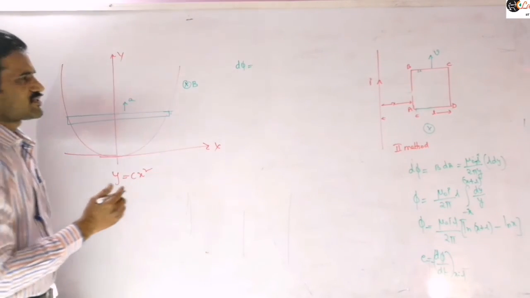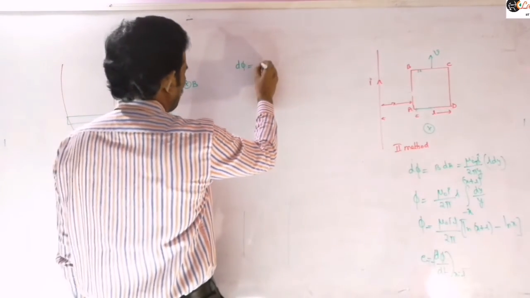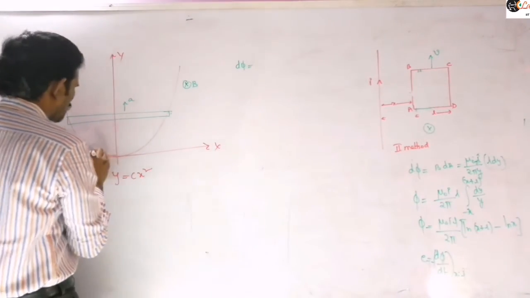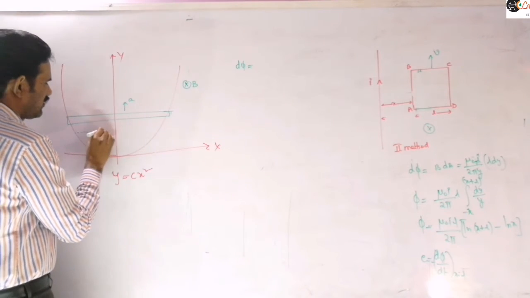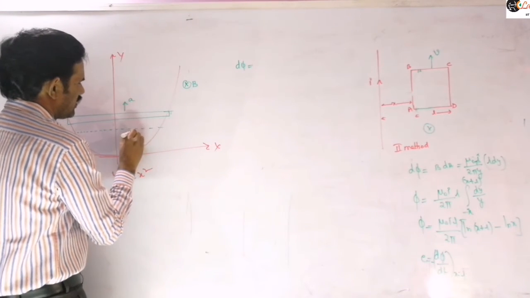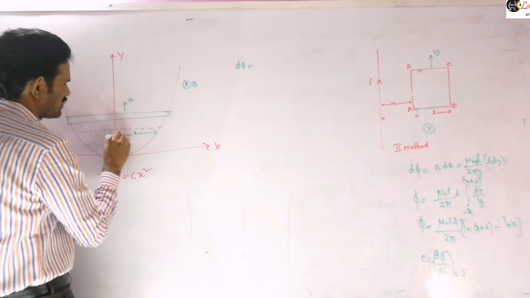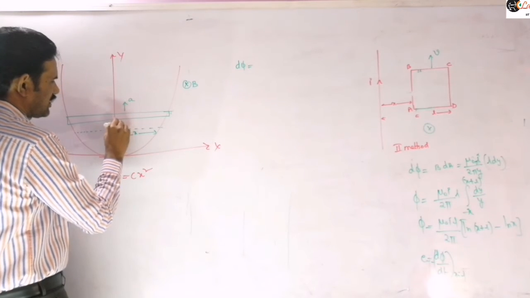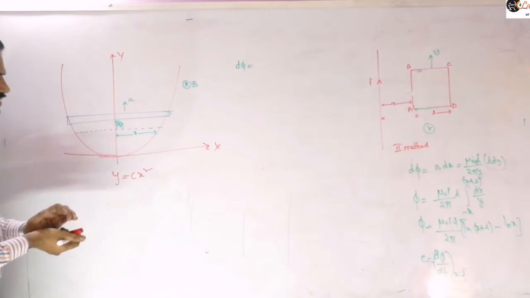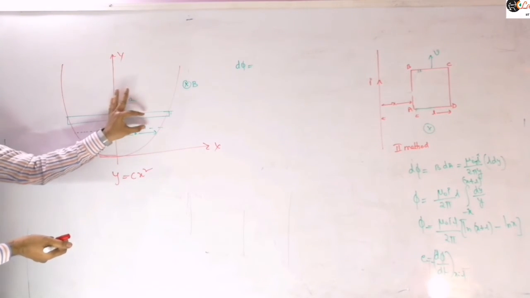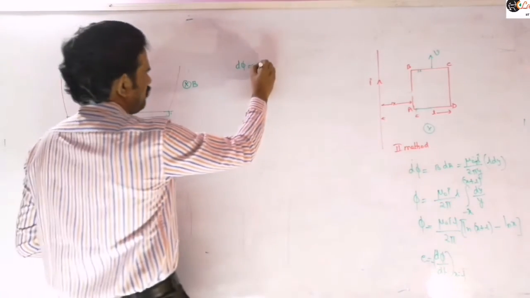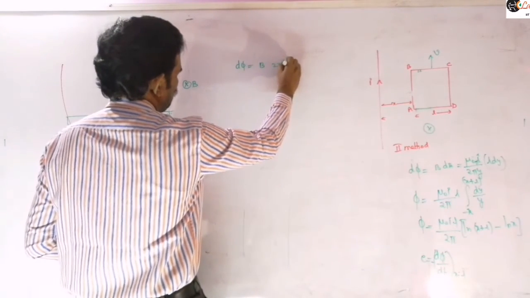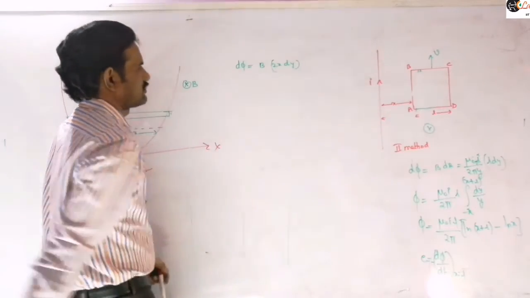Suppose this distance I am taking as x and this distance I am taking as dy. For the small displacement, at any instant, this is the area covered by this rod here. So I can write this as B into 2x into dy.